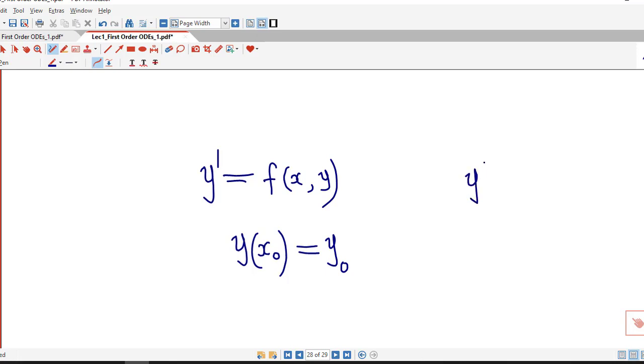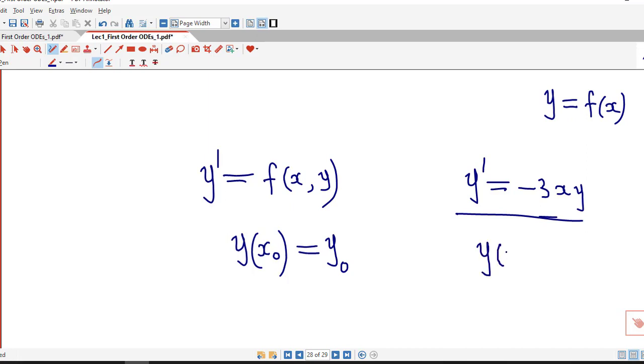For example, suppose we consider y dash equal to minus 3xy. This is the differential equation in which y is function of x. So x is independent variable, y is dependent variable, and we are given that value of y at x equal to 0 is say 1.